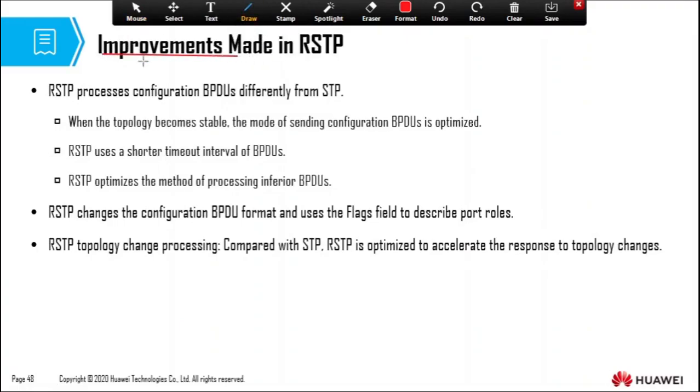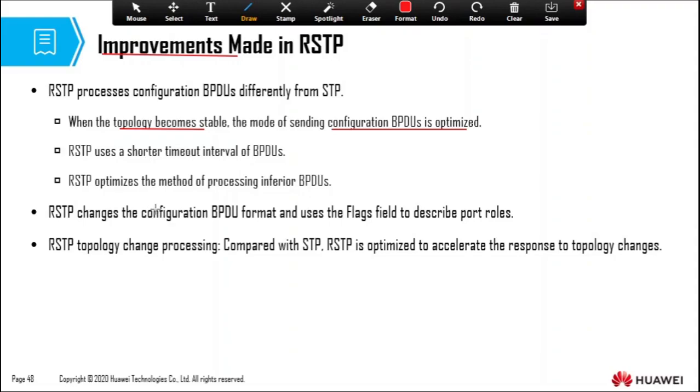So, improvements of RSTP. RSTP processes configuration BPDUs differently from STP. When the topology becomes stable, the mode of sending configuration BPDUs is optimized because every device is able to send BPDUs to downstream devices. So we don't wait for the BPDU from the root.